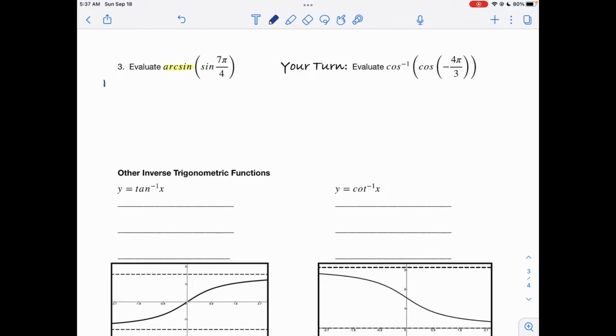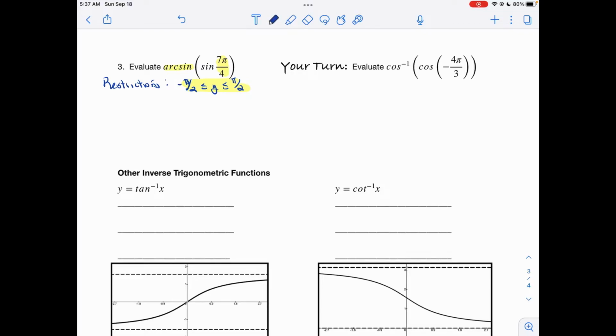So I have sine and arc sine. But we first have to deal with the restrictions of our inverse sine function. Remember, our restriction of the inverse sine function has to be between negative pi over 2 and pi over 2. So you ask yourself, is the angle given, 7 pi over 4, between negative pi over 2 and pi over 2? And the answer is no. 7 pi over 4 is not between these measurements.